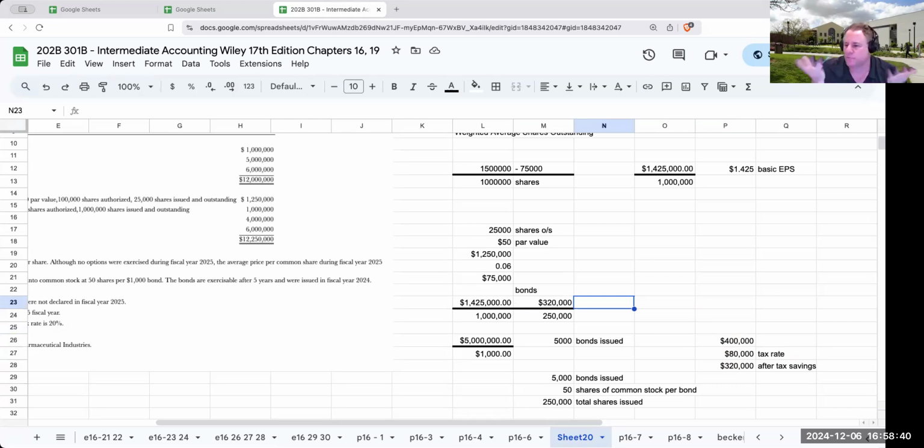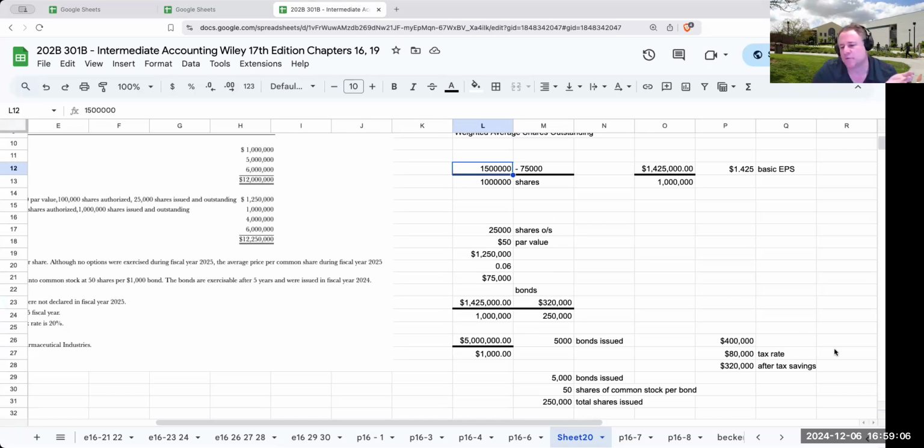Again, if the bonds would have converted since the very beginning, and that's what's really important about this, then I wouldn't have had to pay the interest. So that interest would be added back to the net income minus those preferred dividends. However, this is an after-tax number, especially with regards to the 1.5 million.